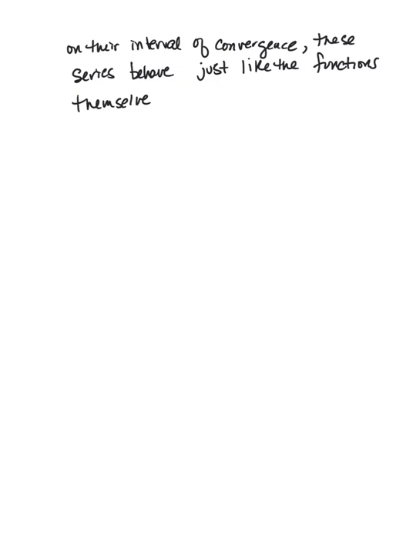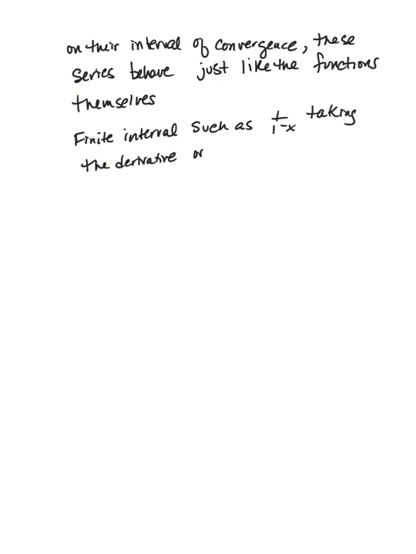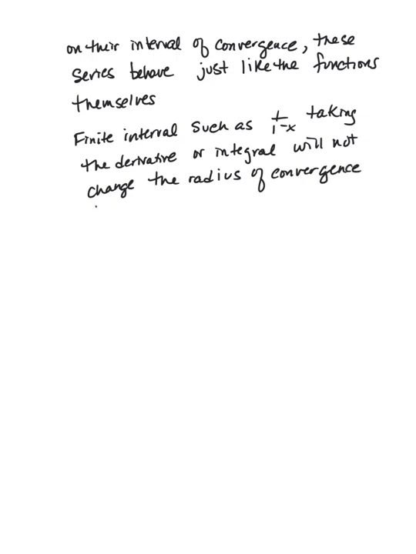Okay, for a series with a finite interval of convergence, such as 1 over 1 minus x, taking the derivative or integral will not change the radius of convergence, but may change the endpoints of the interval of convergence.